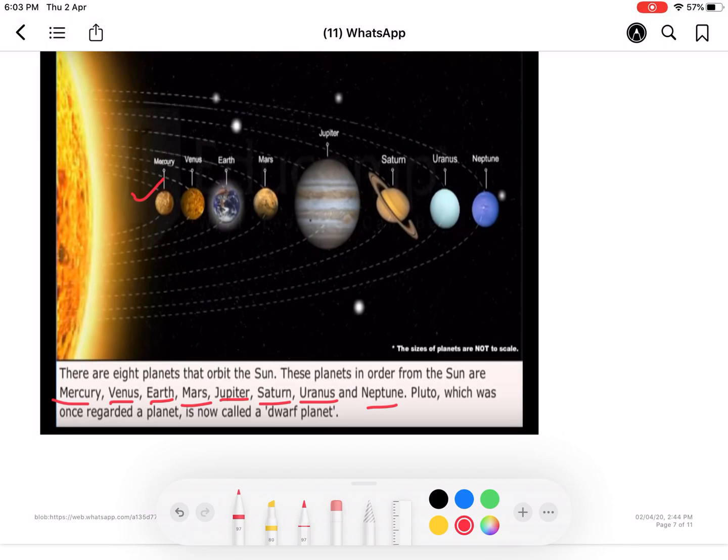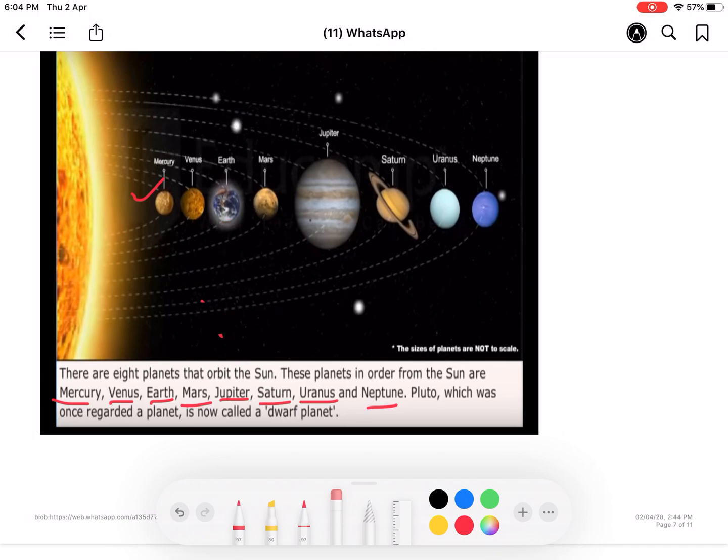Do you remember how many days the earth takes to complete one round around the sun, which is called the revolution of the earth? Yes, your guess is right. That is 365 days. 365 days and 6 hours. That is the exact time. Clear?